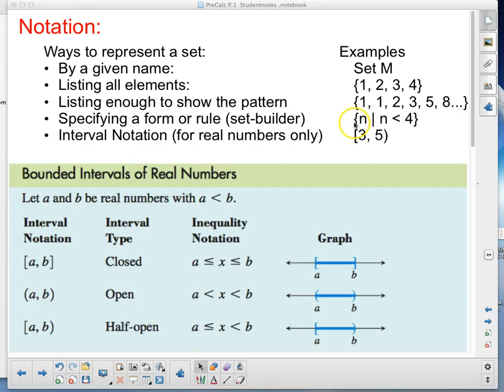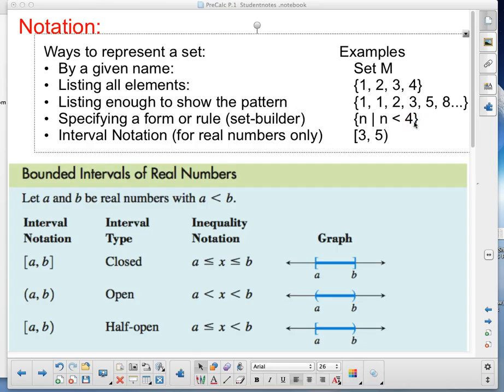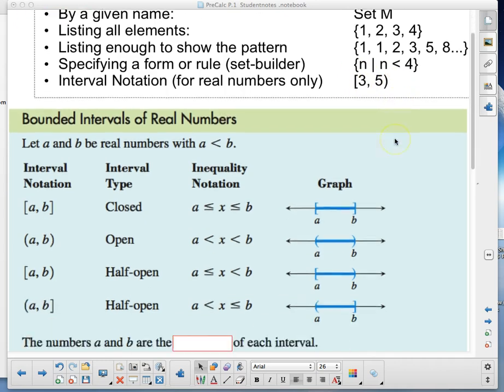And this next one is the set of all n such that n is less than 4. Then we also have the interval notation for real numbers only. That'll be half open, and whether the closed bracket is here or over here, it'll still be half open. And this is closed at 3, and it's open at 5.